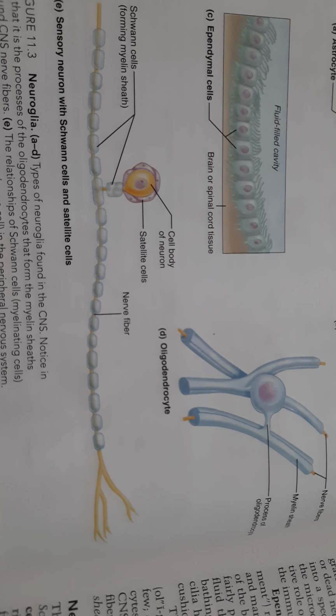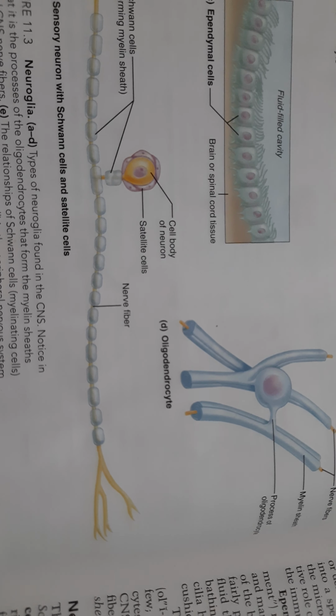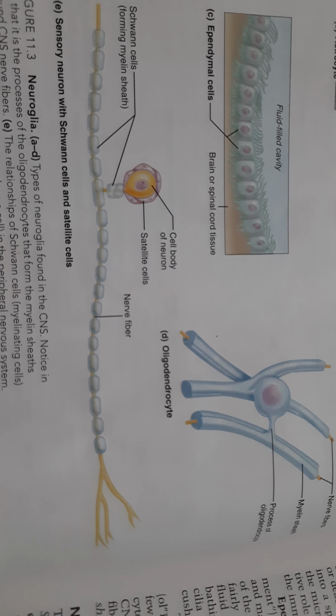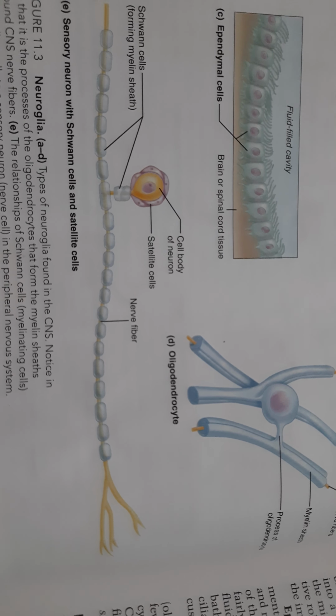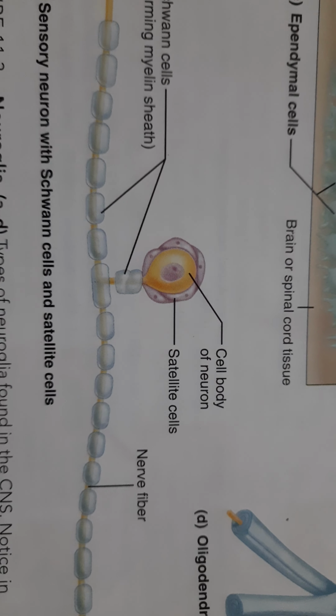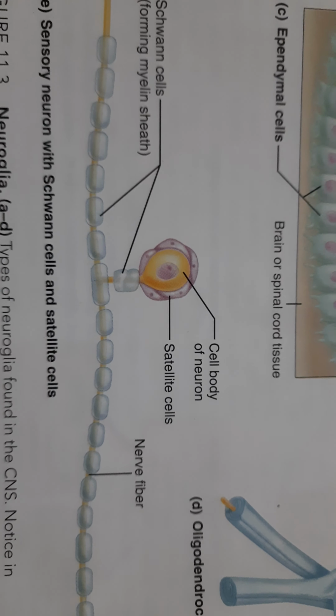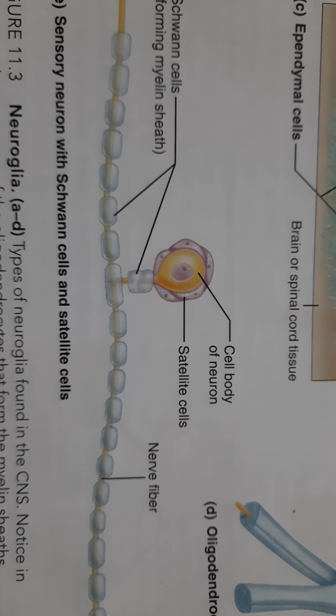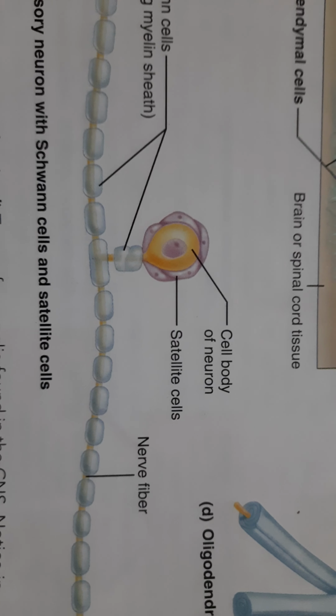So it has quite a similar role to the oligodendrocyte, but the oligodendrocyte works inside the central nervous system, and this one works outside, in the peripheral nervous system. The second type is the satellite cells, and according to this book, the functioning of the satellite cell is unknown.